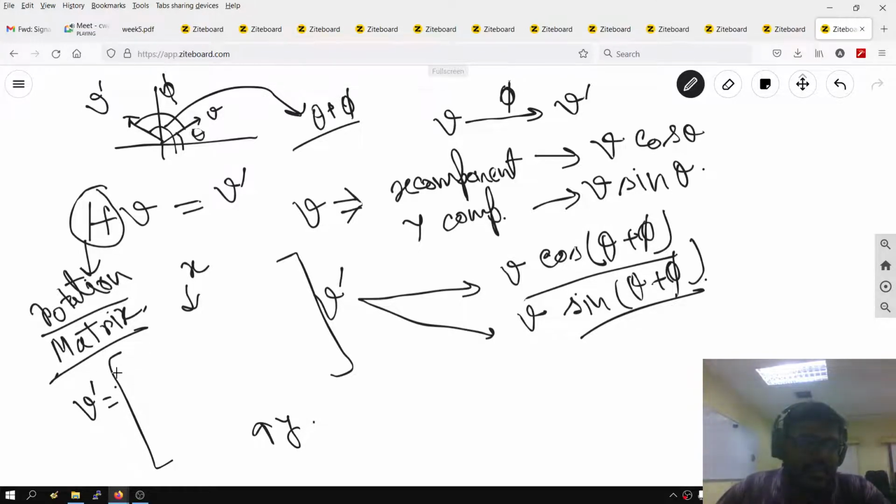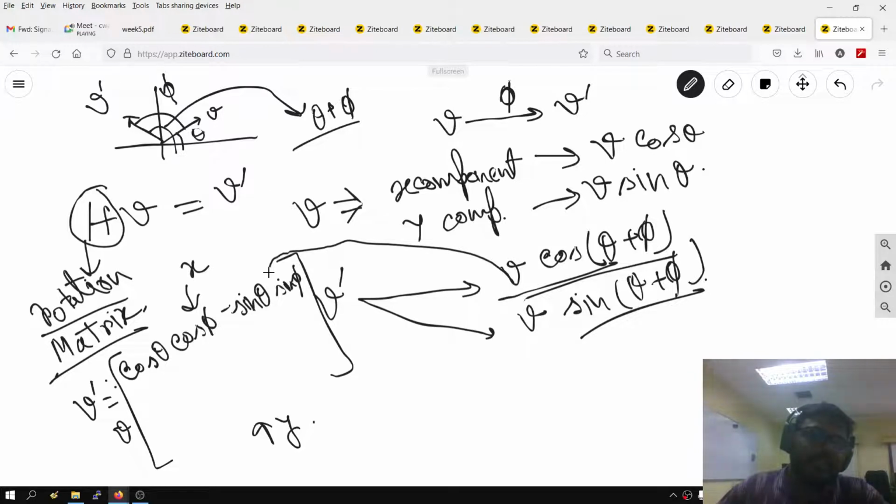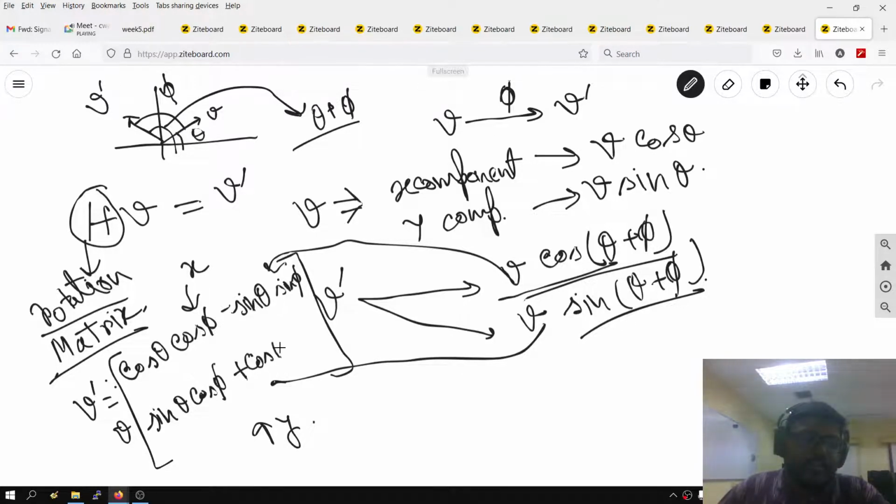This is v times cos theta cos phi minus sin theta sin phi. So v cos theta cos phi, v sin theta sin phi. Where does it come from? If we derive this, the first term, the x component, is this, and the second component is sin theta cos phi, and this term comes here, cos theta sin phi.